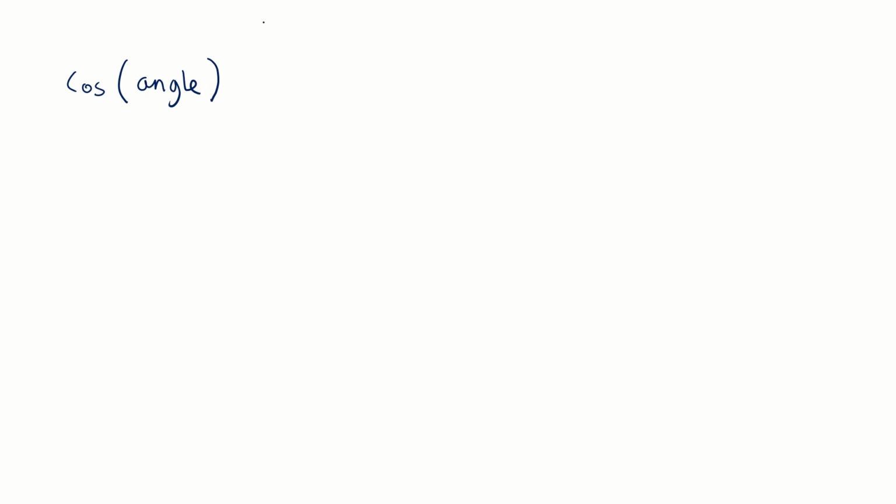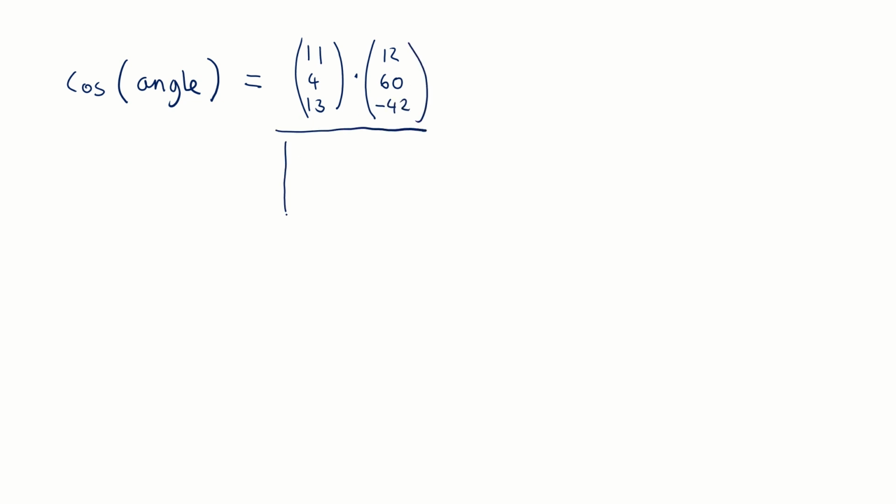We'll come to that in a bit, but for the moment I'm just going to say it's the angle between the 2 lines, and that will equal the dot product between 11, 4, 13 and 12, 60, -42 divided by the magnitude of 11, 4, 13 times by the magnitude of 12, 60, -42.